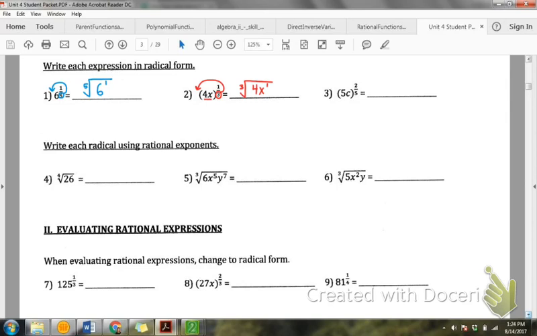Now, if I don't put parentheses, what is being raised to the first power? Just the x, right? But if I put parentheses, now what is being raised to the first power? The 4 and the x, which is how it should be. Okay? So when you see parentheses in the problem, you should put it in your answer. All right? Why don't you try number 3 on your own and see if you can do it?